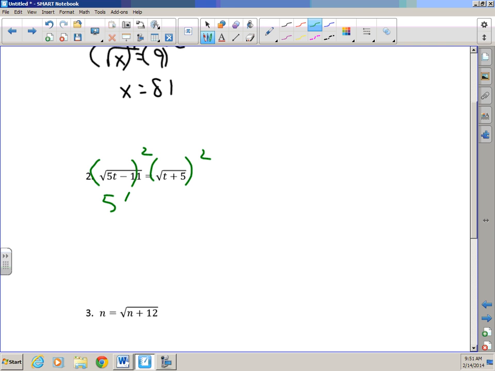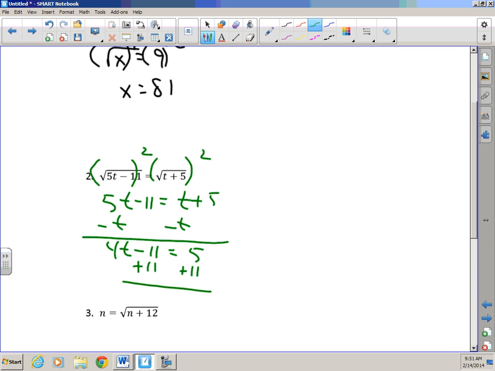So that I get 5t minus 11 equals t plus 5. Now I'm just solving a linear equation. Subtract t. 4t minus 11 equals 5. Add 11. And 4t is equal to 16. So t is equal to 4. Okay?